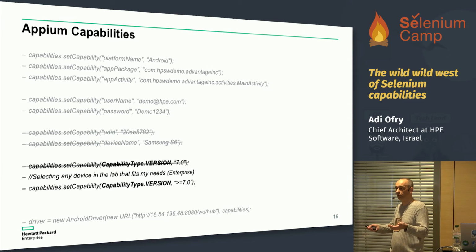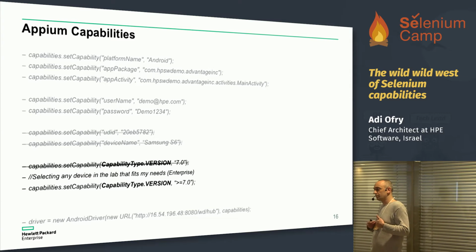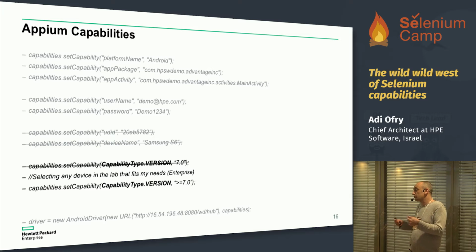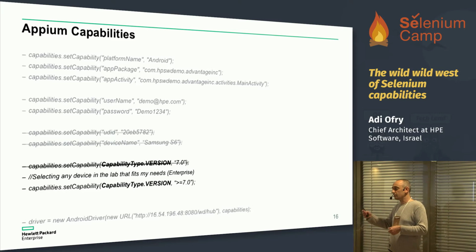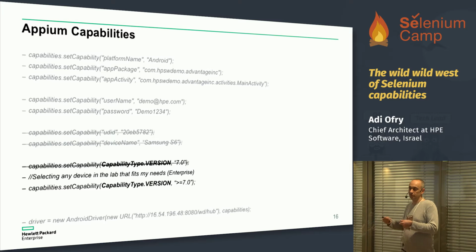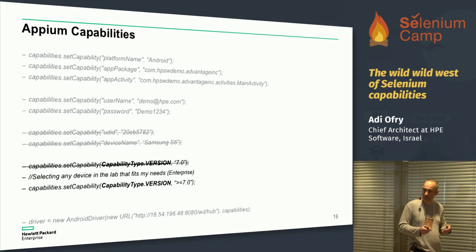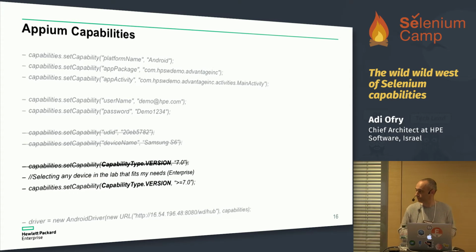If I remove the UDID and I remove the device name, give me any Android that answers my capabilities. I want to use any device. This is 7 and up, okay? So tomorrow, when it will be 7.01, my test is not broken, okay? And the vendor can help you with these specific capabilities.